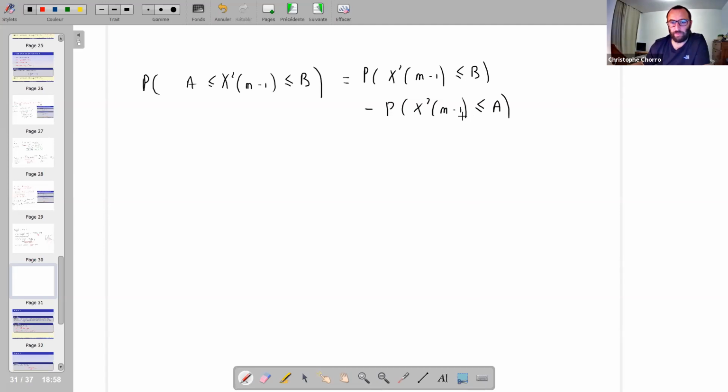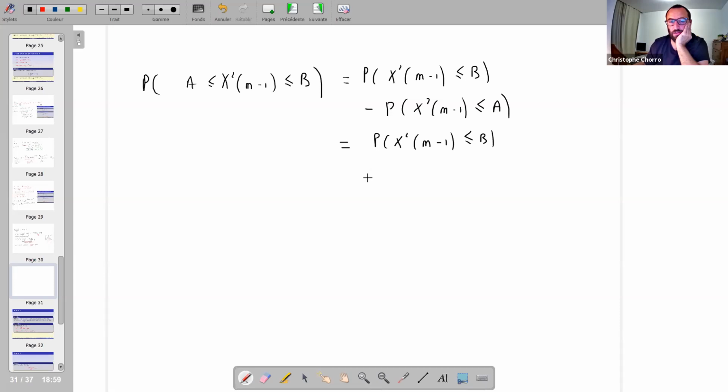We are going to write it this way. We are going to express this probability using the complementary set.